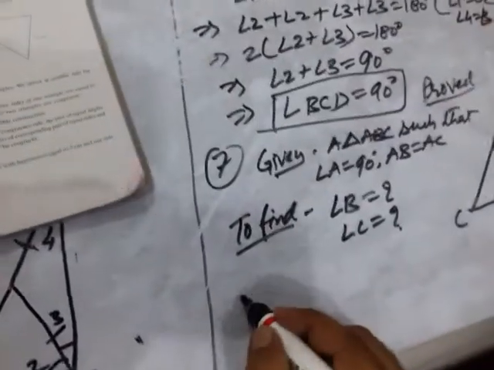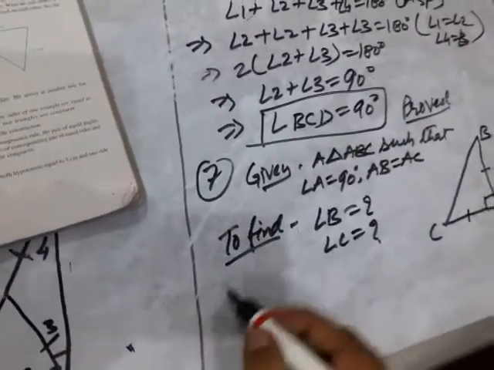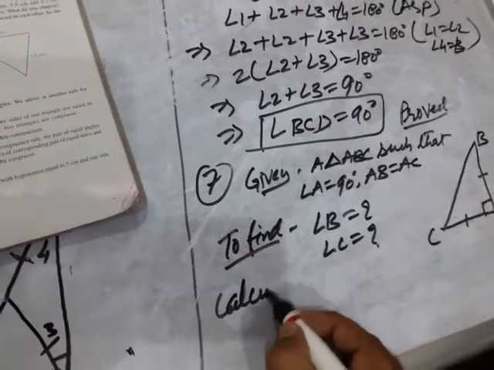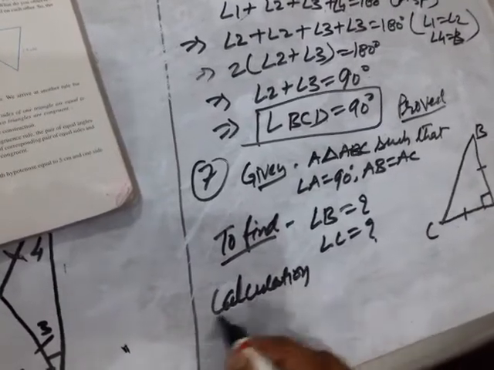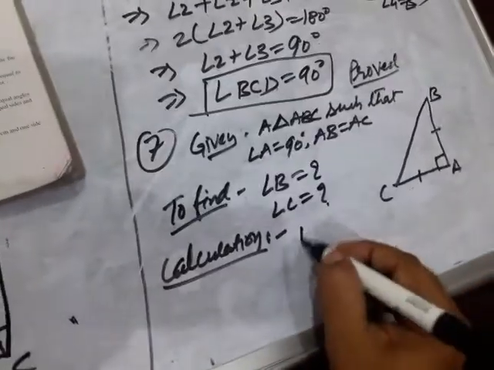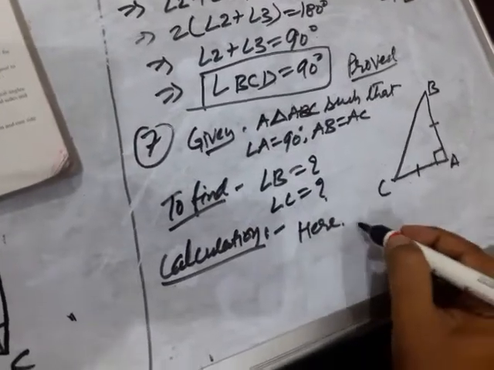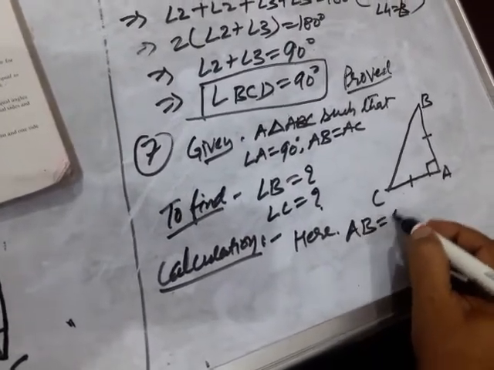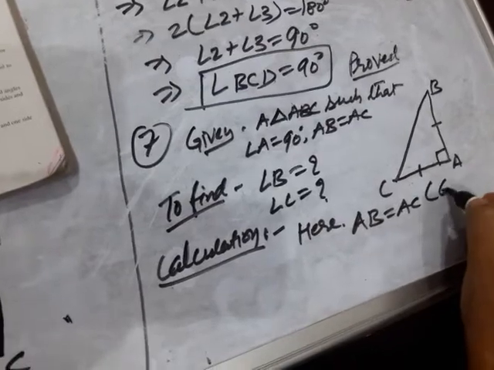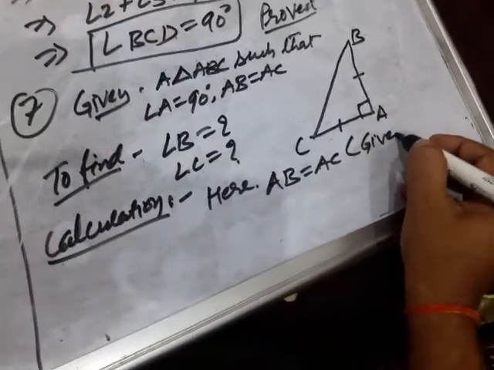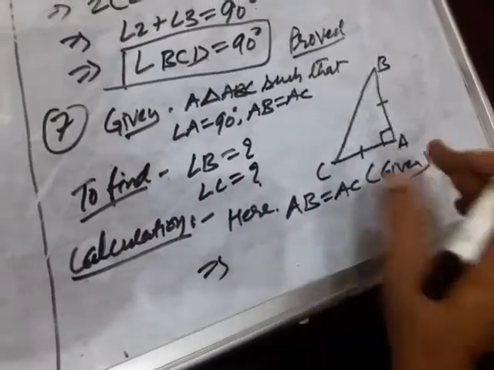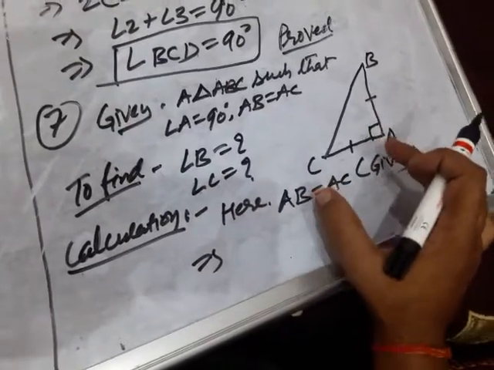Okay children, now start the calculation. Here AB equal to AC, that is given in the question itself. This implies that angles opposite to equal sides are equal.